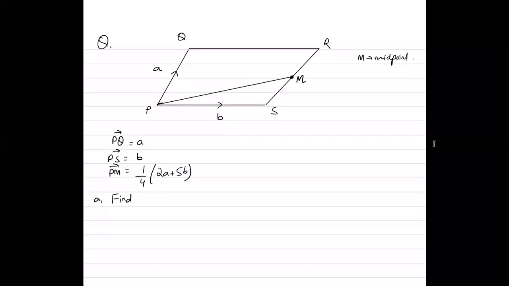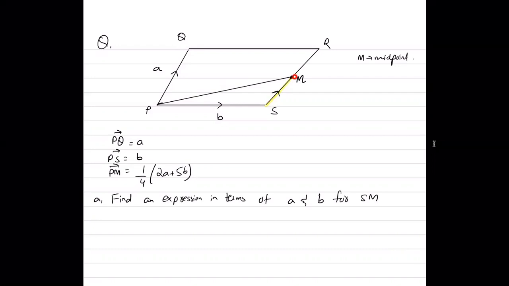find an expression in terms of A and B for SM. This is SM vector. SM vector means going from S to M. Now you need to understand the geometry.